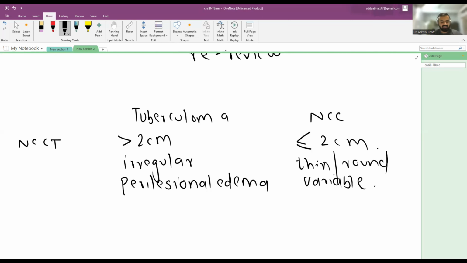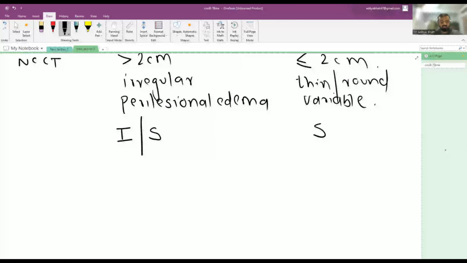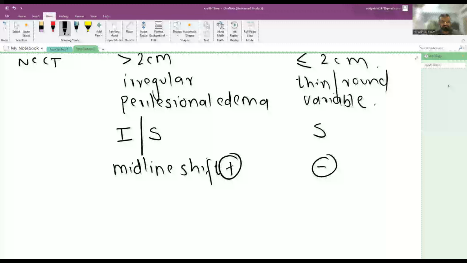The most common location of tuberculoma is either infratentorial or supratentorial; both can be seen. In NCC it is usually only supratentorial. Midline shift is present with tuberculoma, while it is usually absent with NCC.